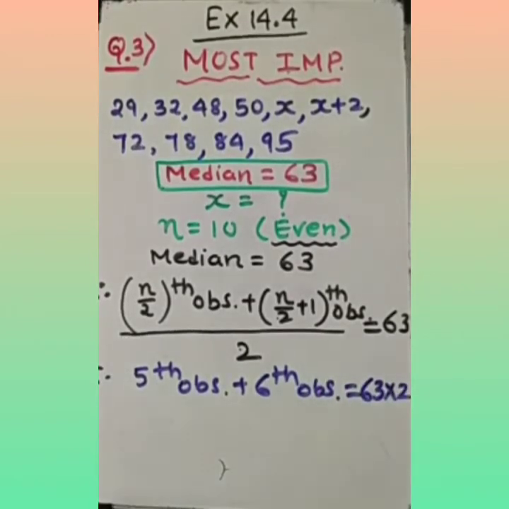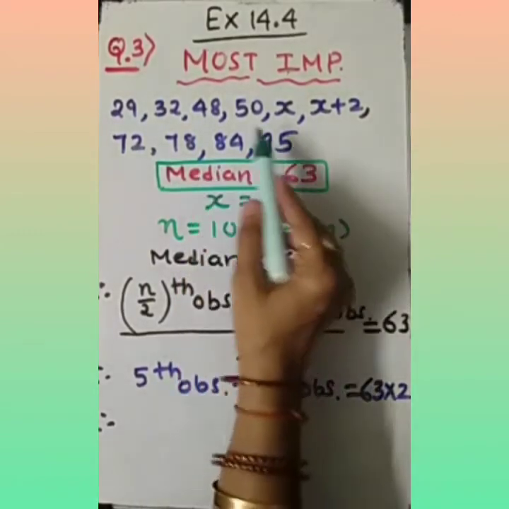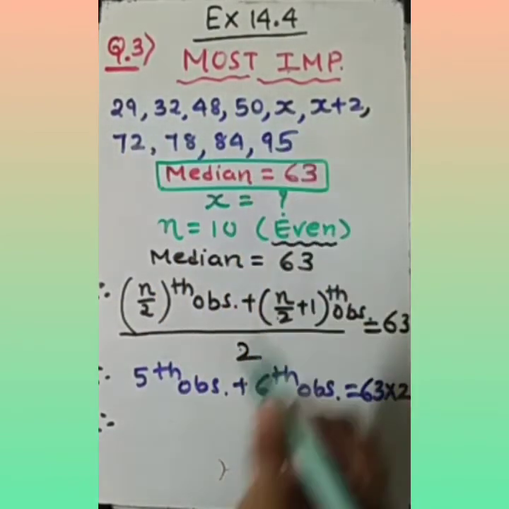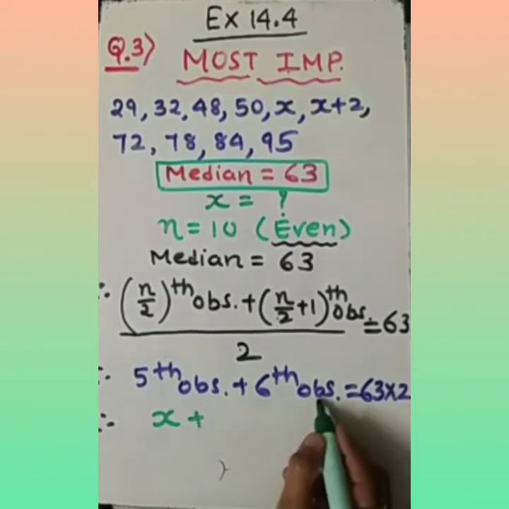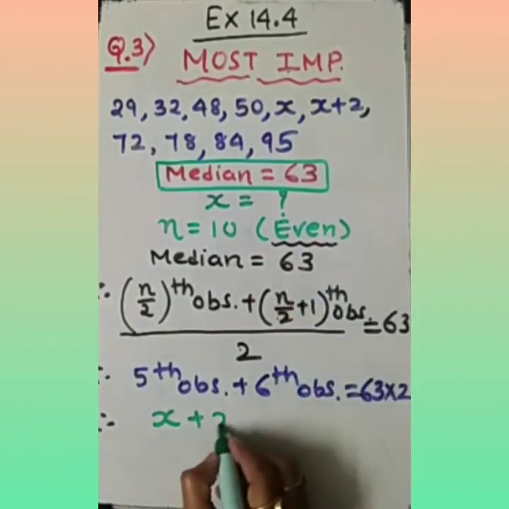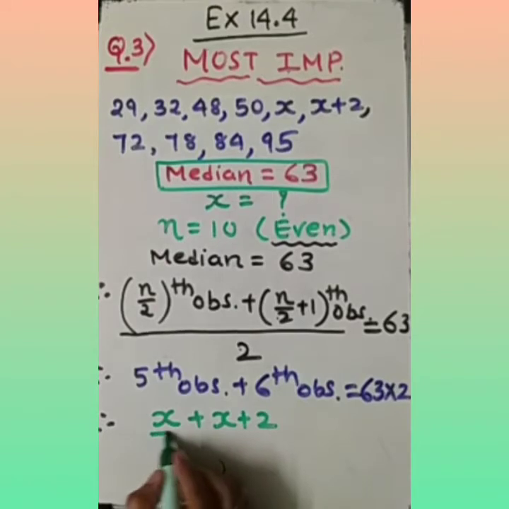Got it? Now, which is the 5th observation? Let's find out. The 5th observation, counting 1, 2, 3, 4, 5, is x. What is the 6th observation? x plus 2. Okay. This is the 5th observation and this is the 6th observation.